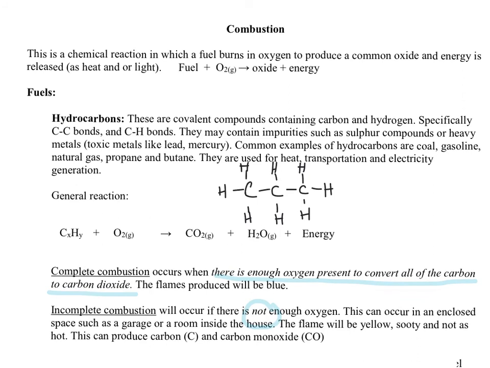Now the problem here is that it can produce carbon and carbon monoxide. Carbon, if your furnace is producing carbon as a byproduct of incomplete combustion, then that just basically gums up your furnace, so your furnace won't work very well and you need to clean it.